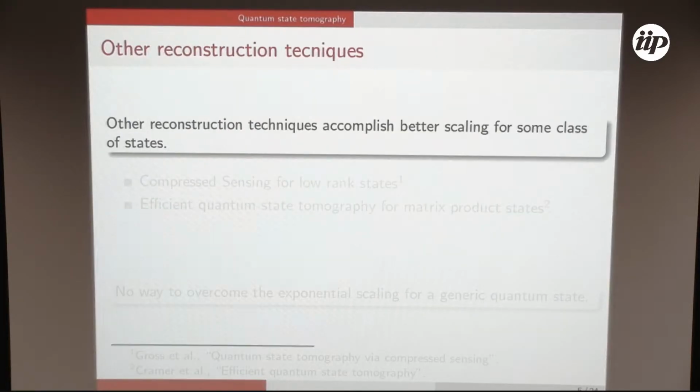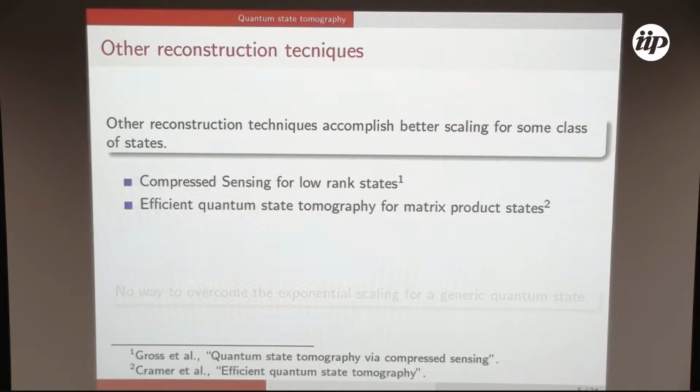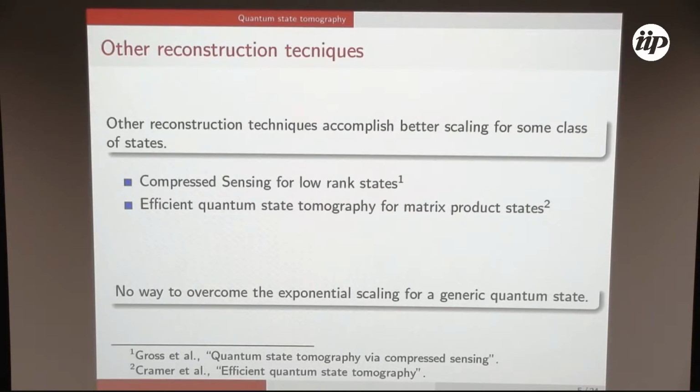Now, to be fair, there are some different reconstruction techniques that can accomplish better scalings for some common classes of states. For example, there are results for matrix product states, which I'm sure this audience is well aware of. But for a generic quantum state, there is no way to overcome this exponential scaling. It's just what we expect for a quantum state.